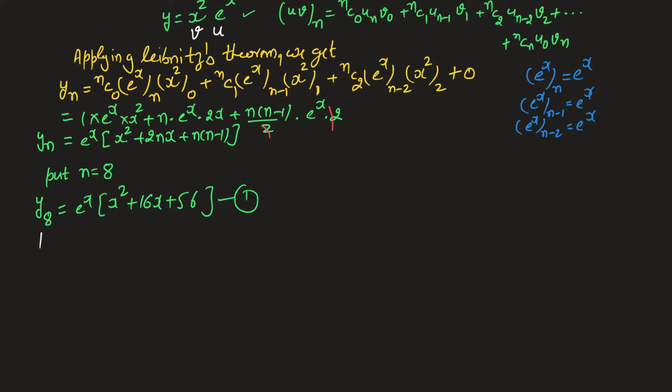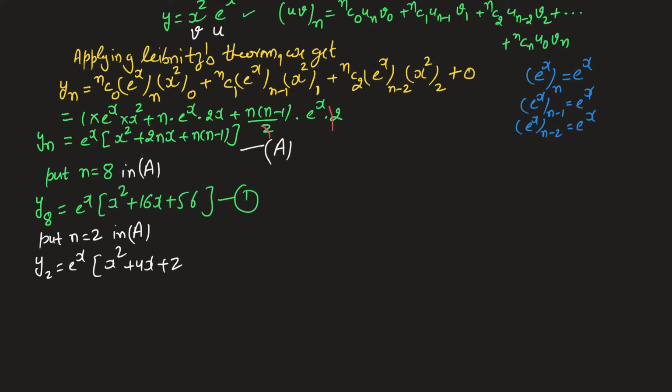Now put n is equal to 2 in, say this equation is A, put 2 in A. So y2 will be e raised to the power x, x square, when you put 2 into 2 is 4, so this will be 4x plus, here if you put 2 minus 1 is 1, 2 into 1 is 2, so this will be 2.